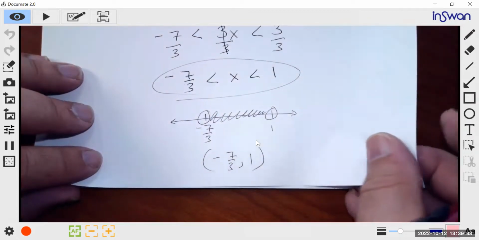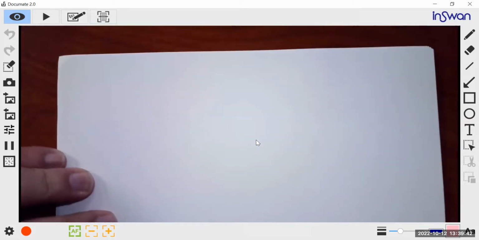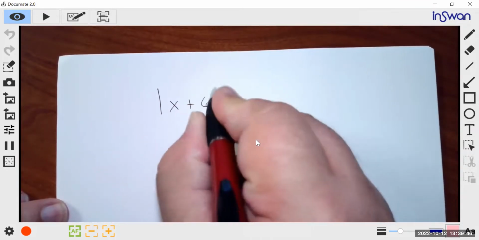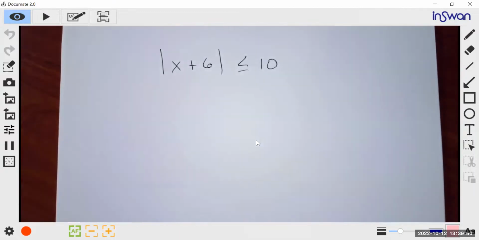Let's try another one. Absolute value of x plus 6 is less than or equal to 10.